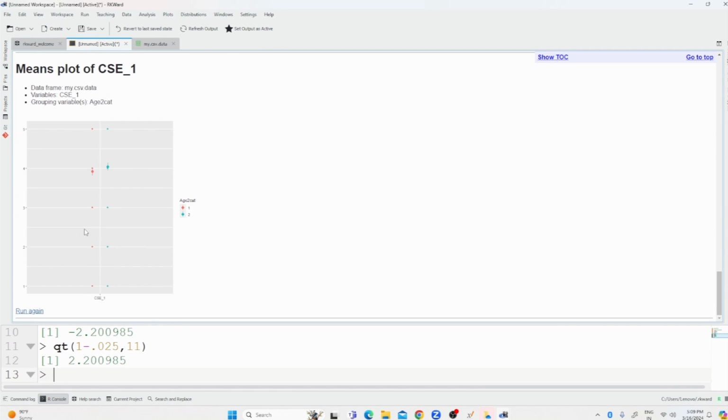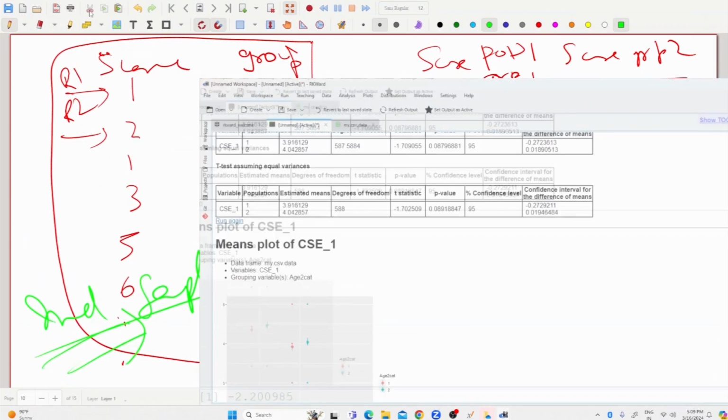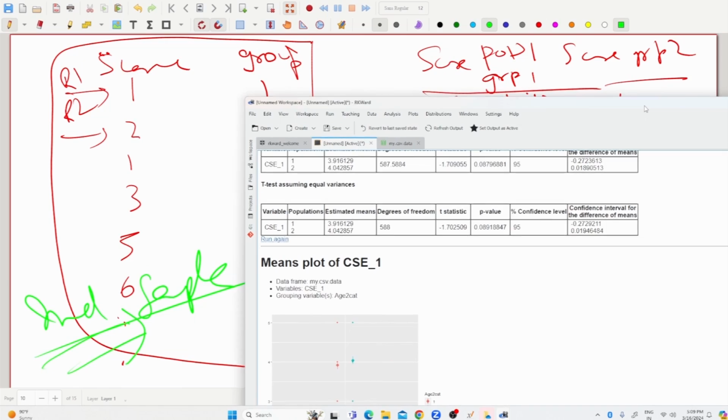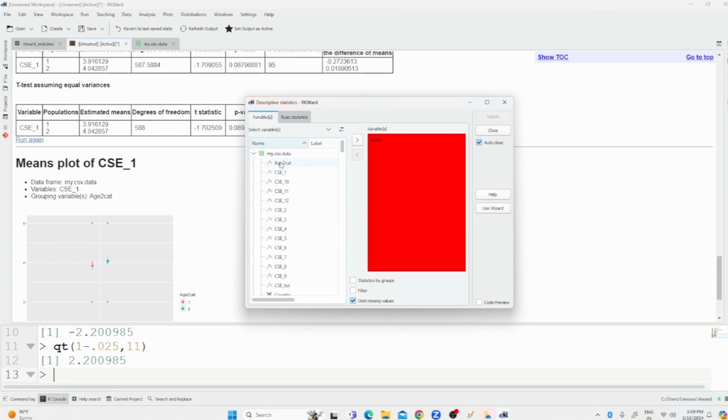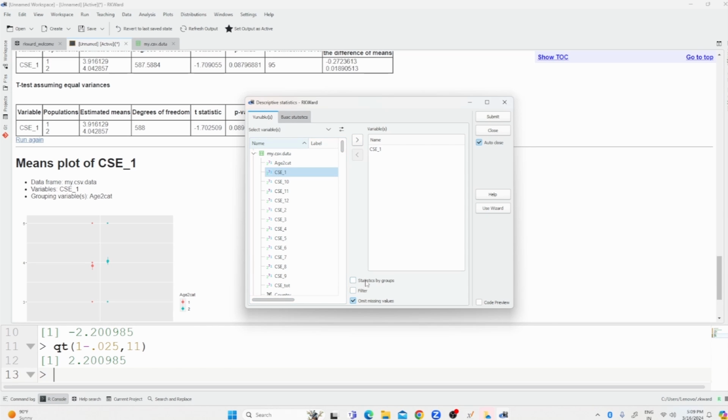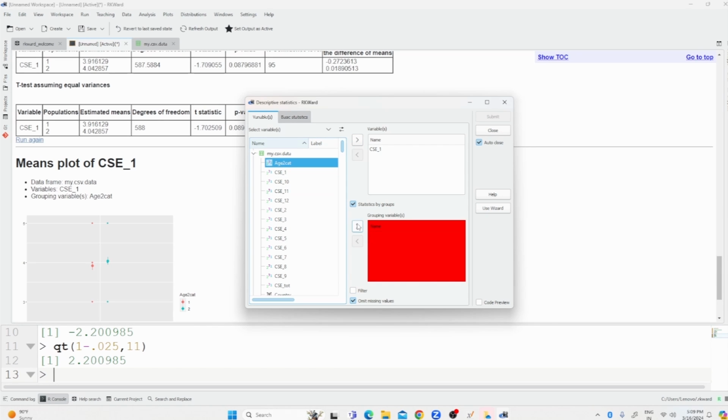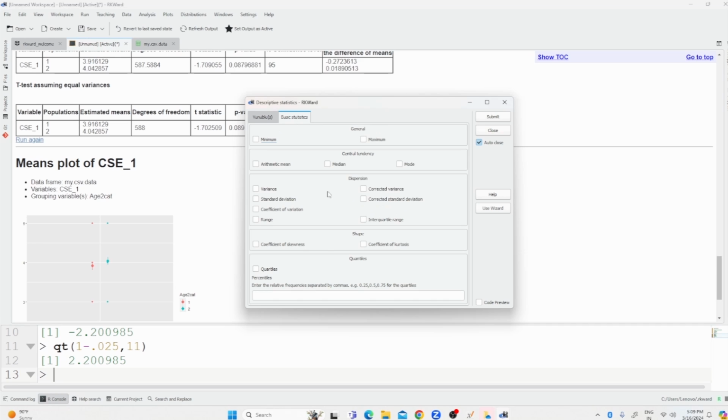So these are the means of group 1 and group 2. Now again let's do it. This was the graph, and let's see the descriptive statistics, CS1 statistics by group H. Okay, mean. Where is the mean? Mean, arithmetic mean. Okay.